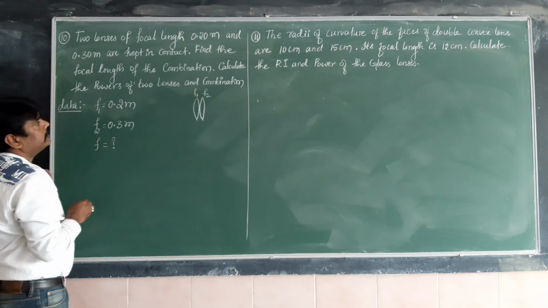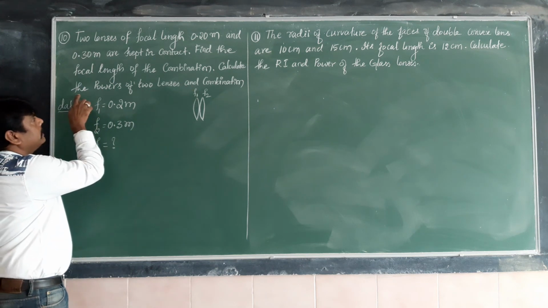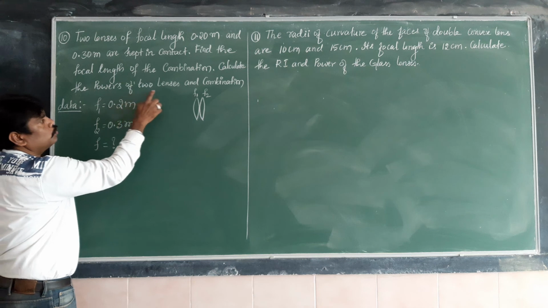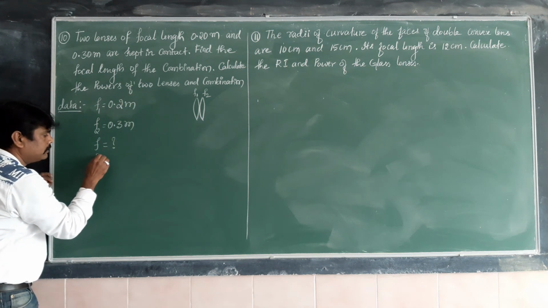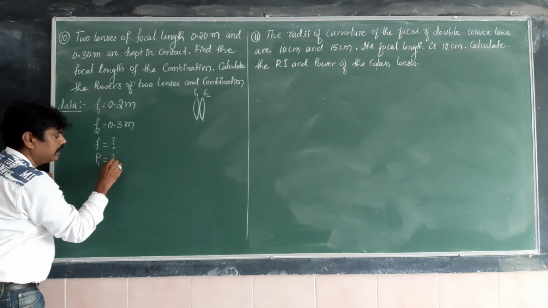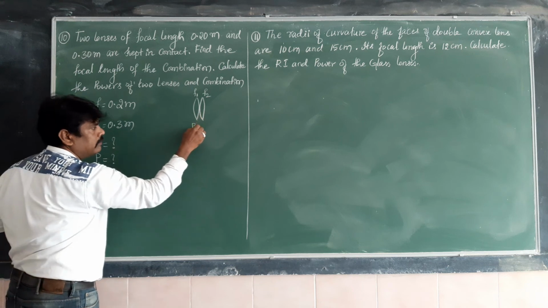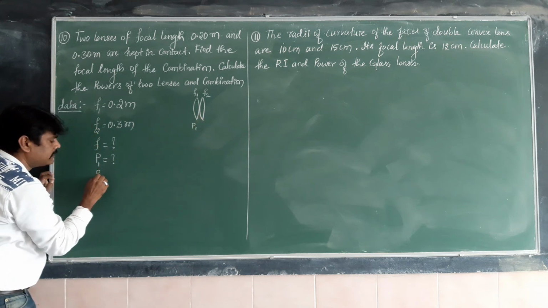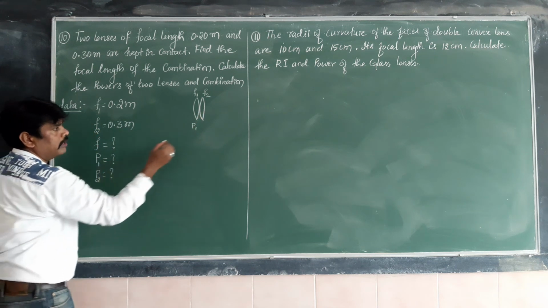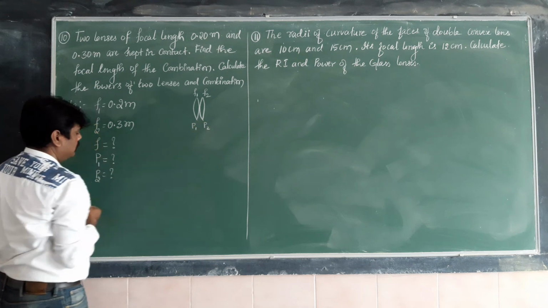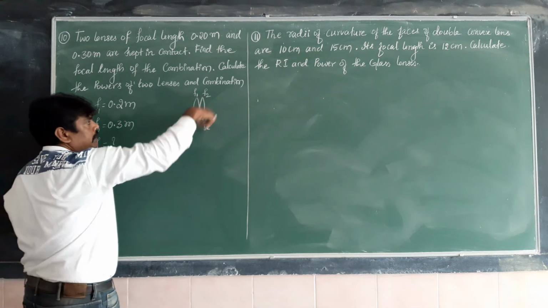One more thing we have to calculate: the powers of the two lenses. So we have to calculate P1, the power of the first lens, and P2, the power of the second lens, and the power of the combination of these two.